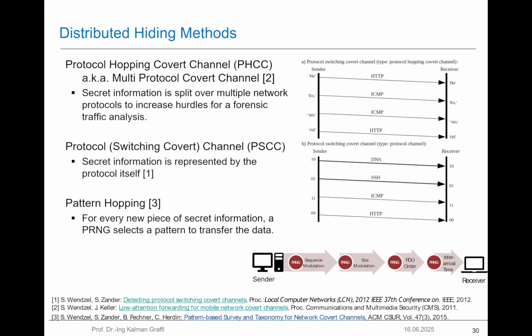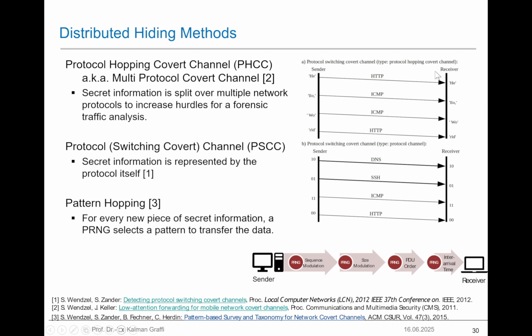Okay. What else can be done, but this is just a last example, is that you do not embed all of your information in one protocol, but you embed it in various protocols.